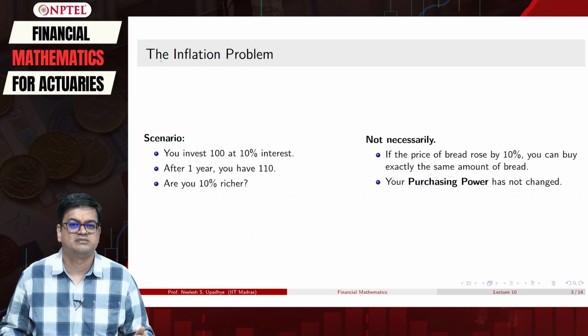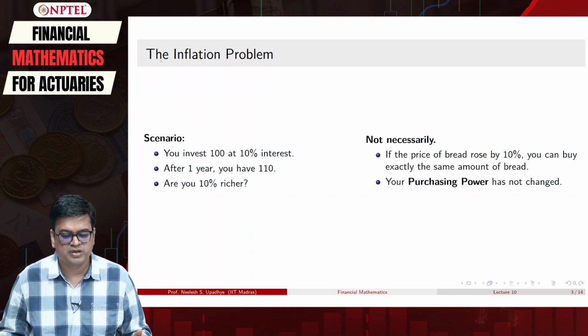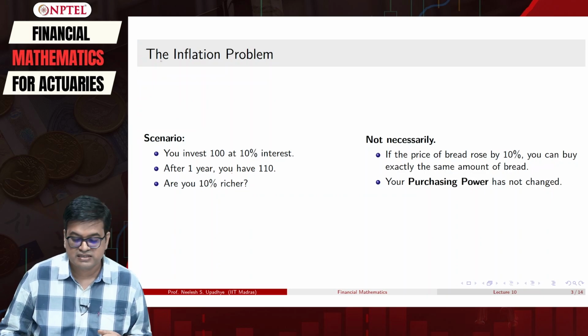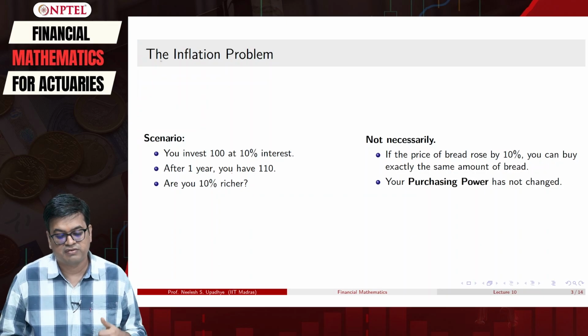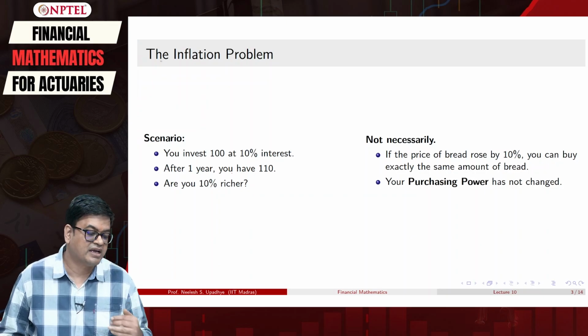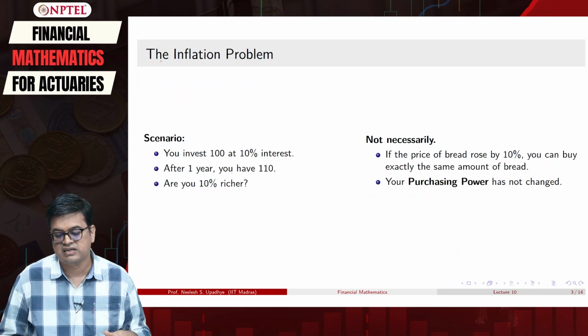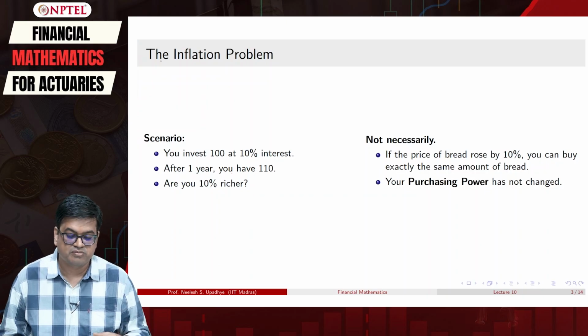The answer is not really, because if the price of bread also rises by 10%, then whatever number of breads I used to buy last year with that money, I need 10% extra to buy the same number of breads one year later. Therefore, my purchasing power has not changed.